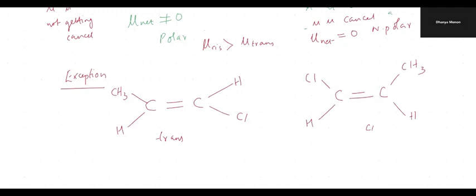Okay, now let's write down the dipoles. Whenever there's a carbon and a doubly bonded carbon, the doubly bonded carbon will be more electronegative. Here, chlorine is more electronegative. So I draw the dipole from carbon to chlorine.